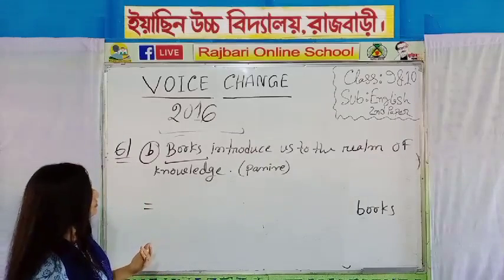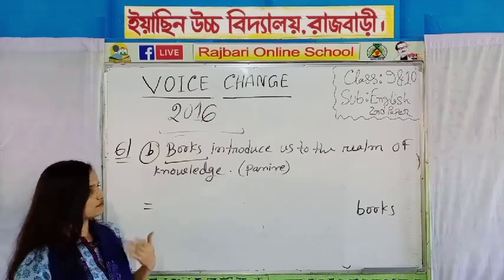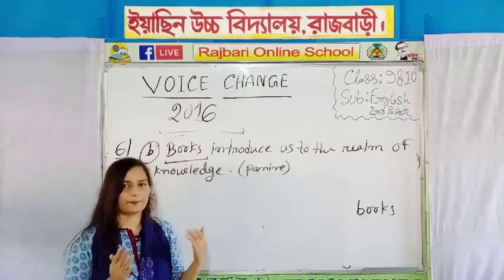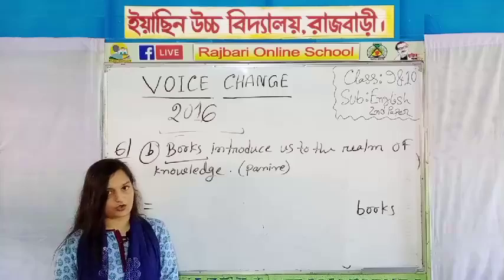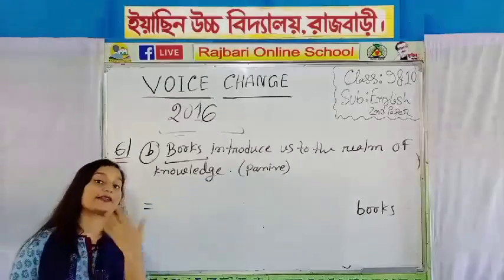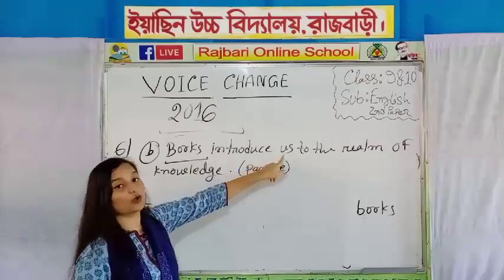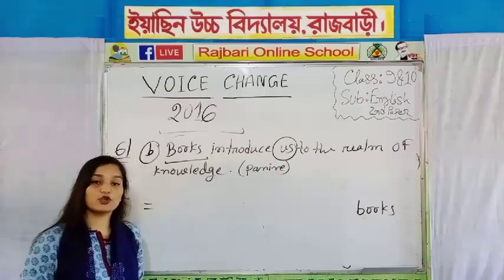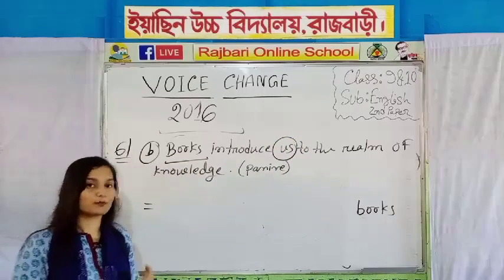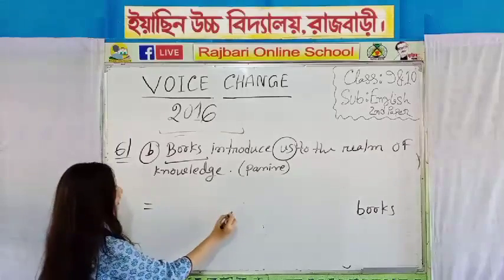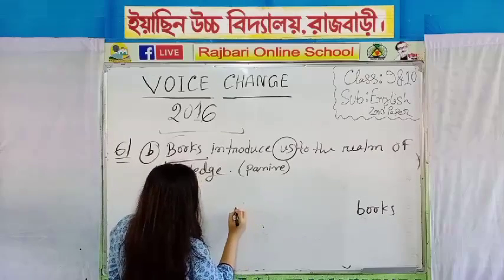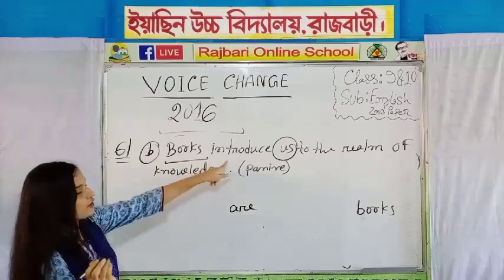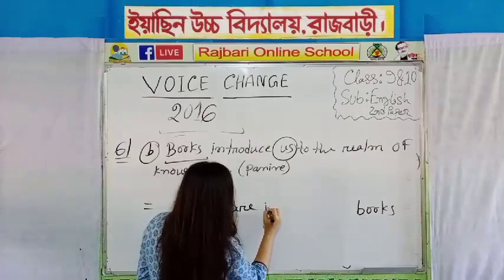Now, should we bring auxiliary verb am or is or are? Okay, before identifying that, we have to identify the object here. Here, the object is us, and we know for plural subject, plural verb. So here, the auxiliary verb will be are, and introduce will be introduced.